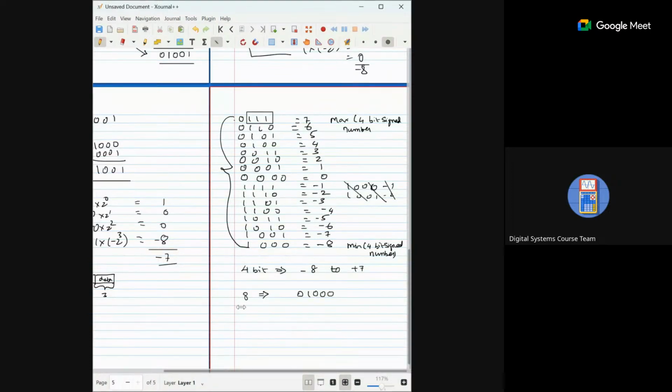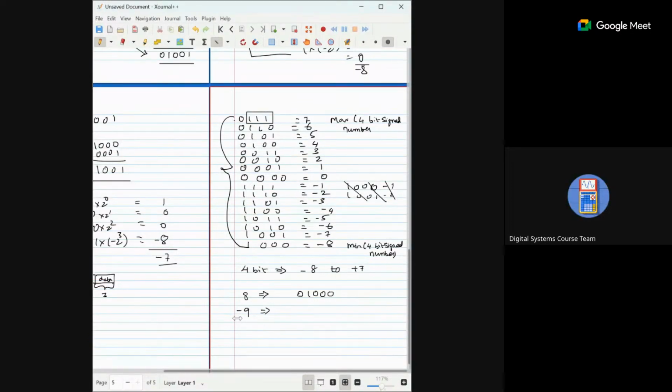So what will be the representation of minus 9? Sir, it will be minus 8 plus minus 1 in 2's complement form, and the carry of 1 will be neglected.